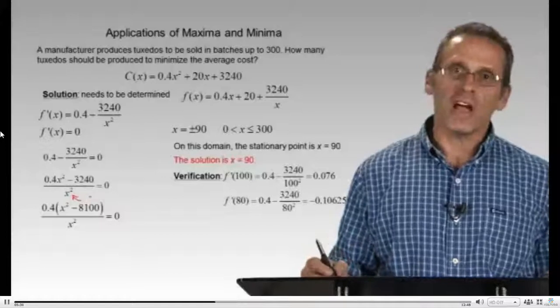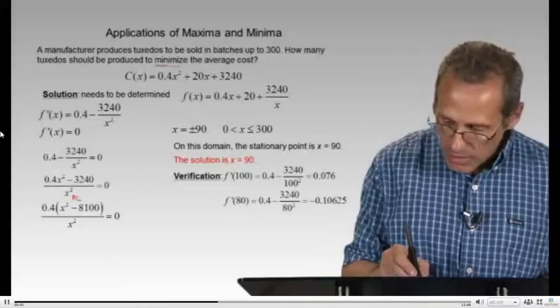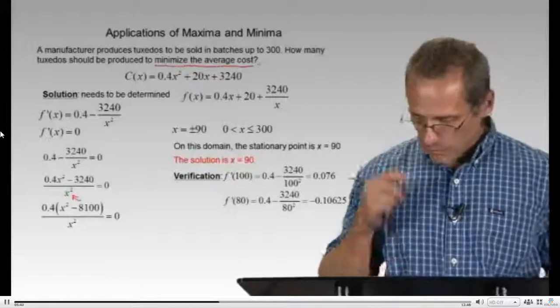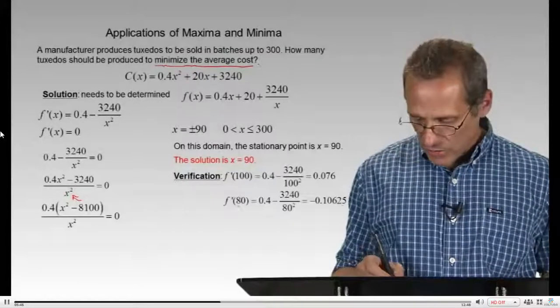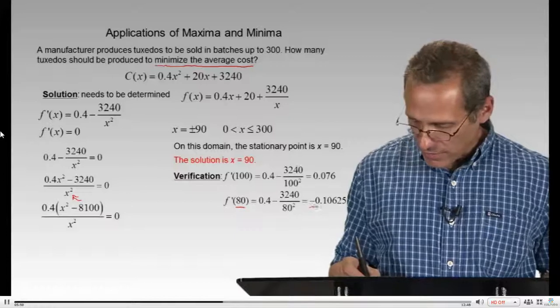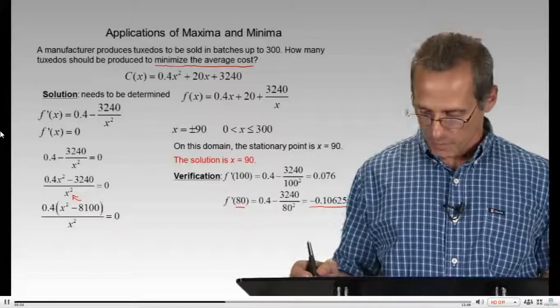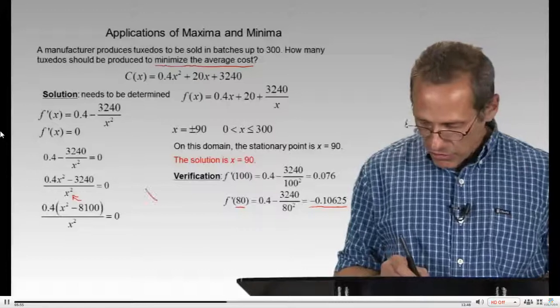We want to verify, though, that this solution yields a minimum average cost. So we take a value of x less than 90, say 80, evaluate it in the first derivative, and find the first derivative evaluated at 80 is negative. Left of 90, the function is decreasing.